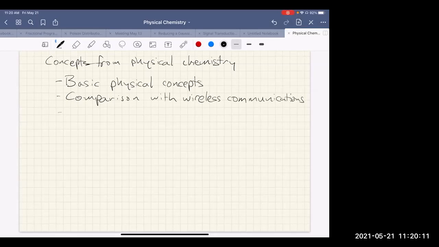We will talk a little bit about energy, and the concept of energy in molecular communication.